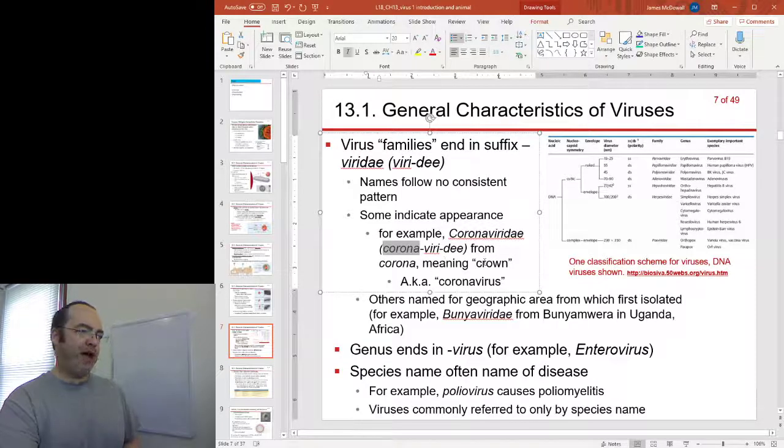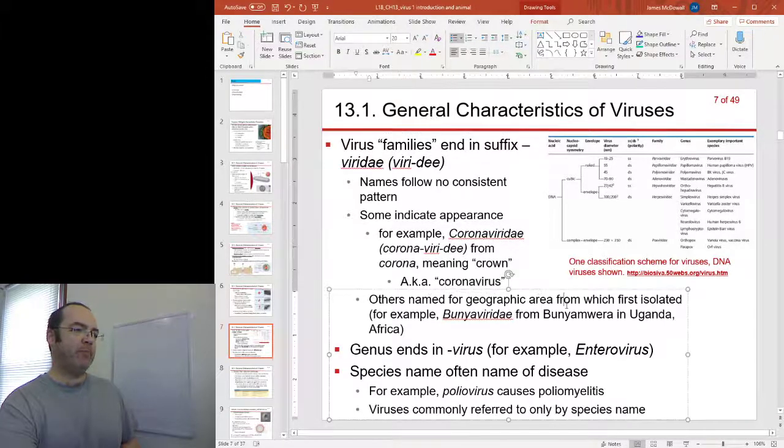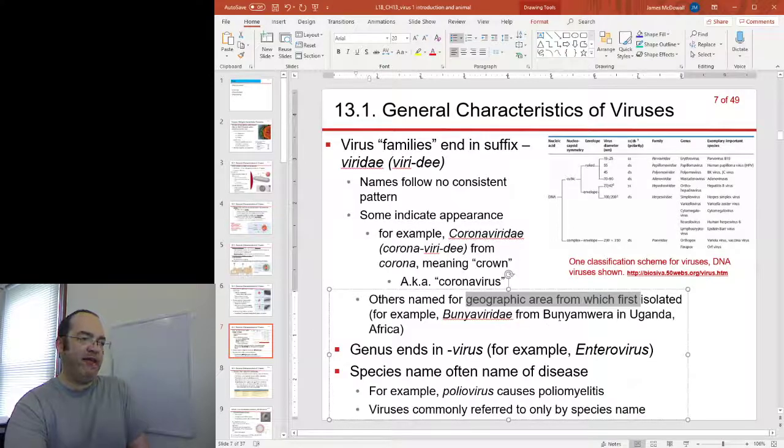Corona means crown, and that's where we get the coronavirus, or the coronaviridae. Other viruses are named for where you find them, or where they were first discovered, or where they first were seen. Bunyaviridae, for a virus that was found in Uganda, in Africa.